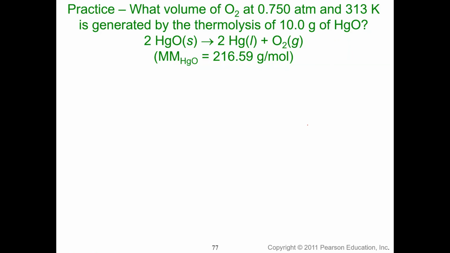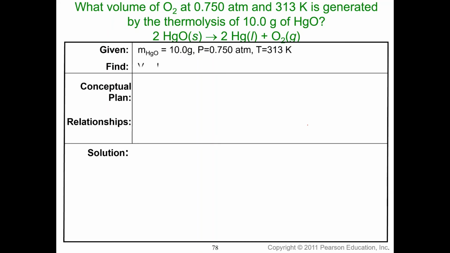All right. So this is a chemical equation is given. Molar mass is given. So everything should be fairly easy here, right? In this case, if you have a pressure and temperature, it's easy to calculate the rest because you need only the moles, right?